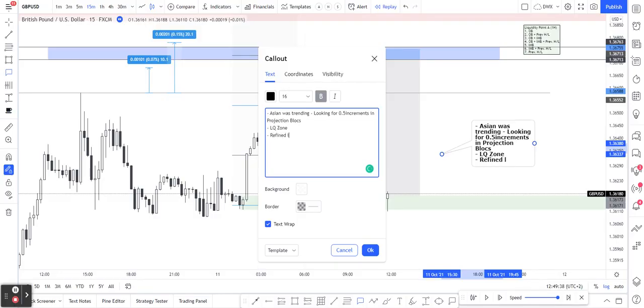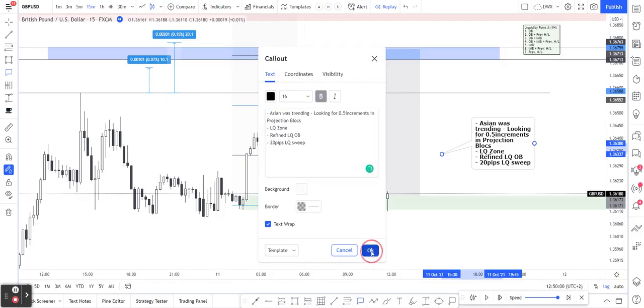Find liquidity order block. Pips liquidity sweep. That is then the things that we can look at.